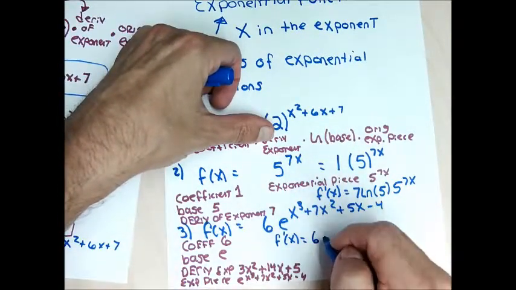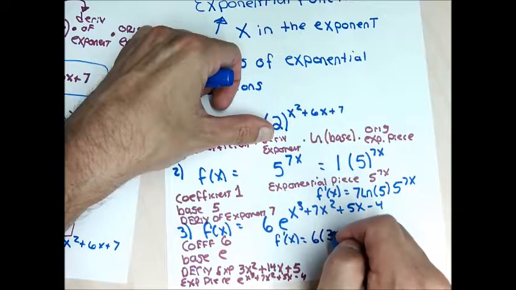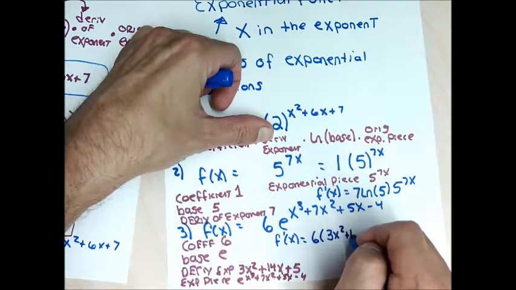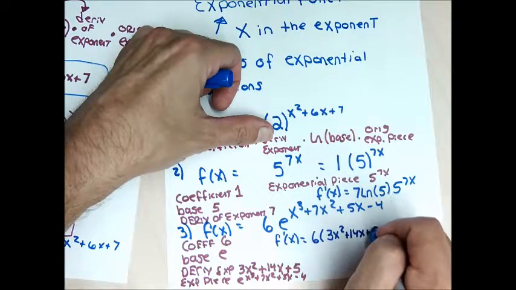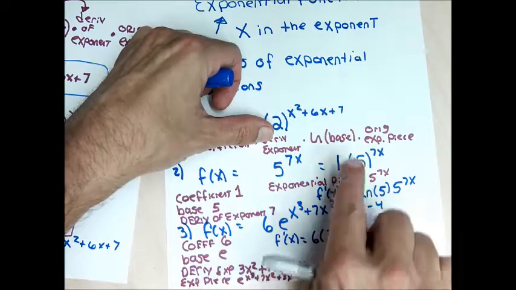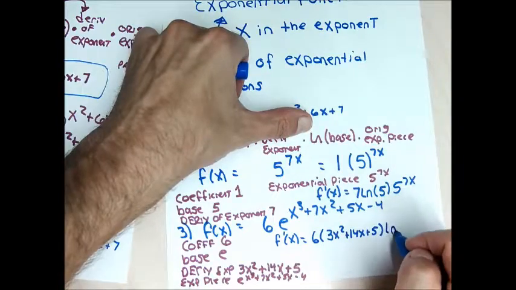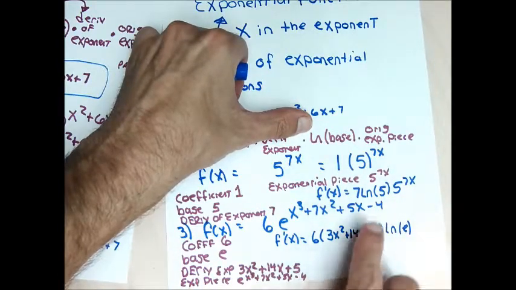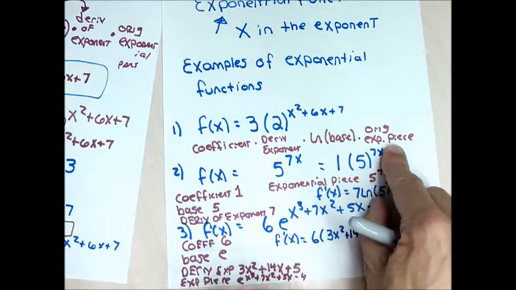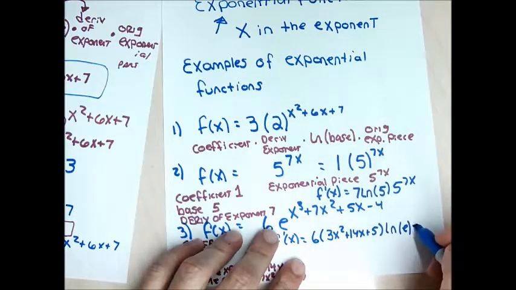The derivative of the exponent is 3x squared plus 14x plus 5, times the natural log of the base. The base is e, so times the natural log of e. And then times the original exponential piece, which is everything but the coefficient. So times e to the x cubed plus 7x squared plus 5x minus 4.